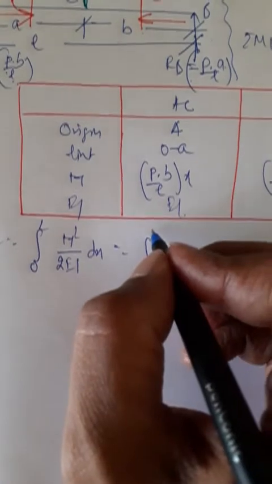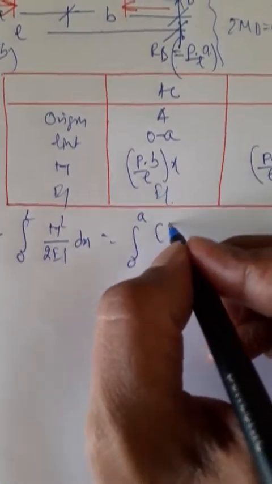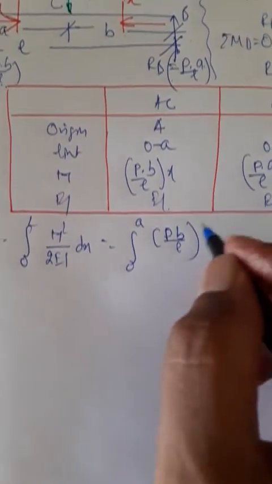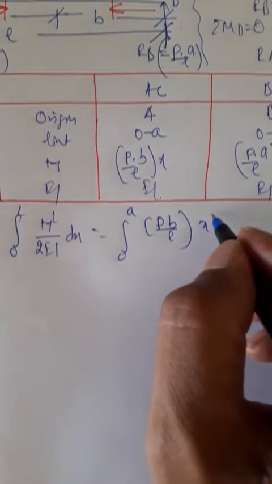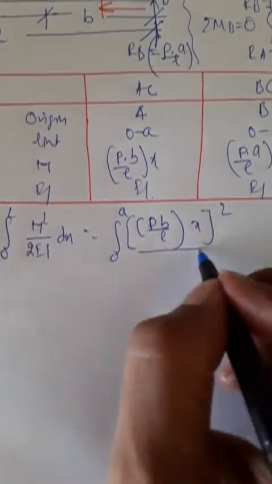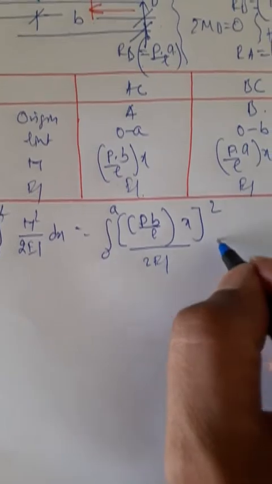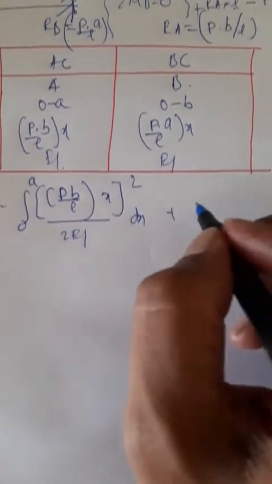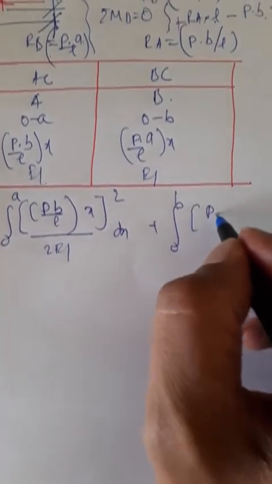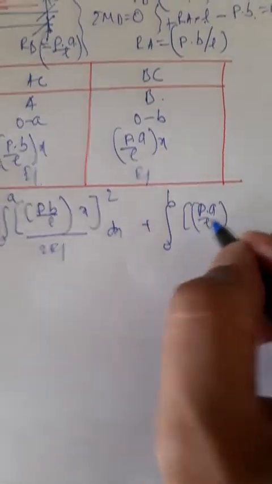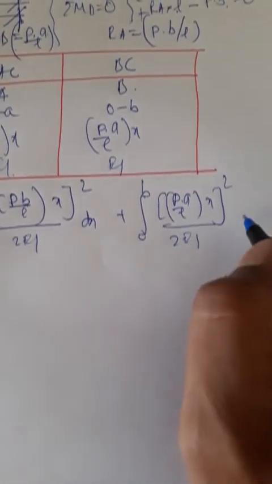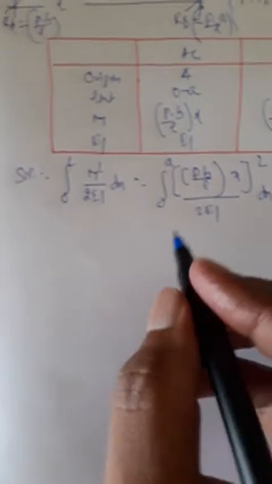So I can write here 0 to A, PB by L into X whole bracket square divided by 2 EI dx plus 0 to B, PA by L into X whole bracket square divided by 2 EI dx.